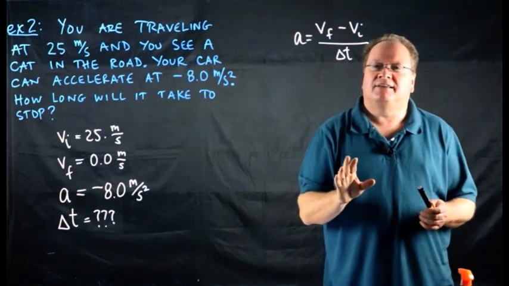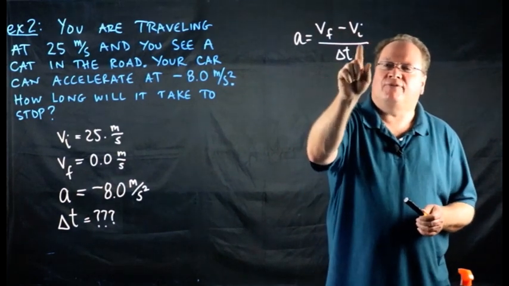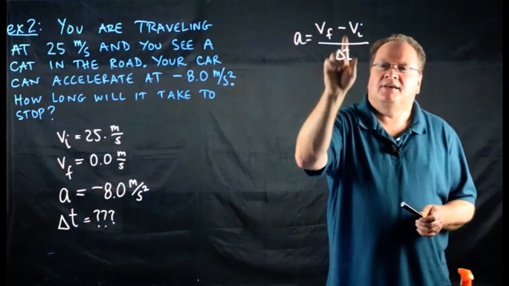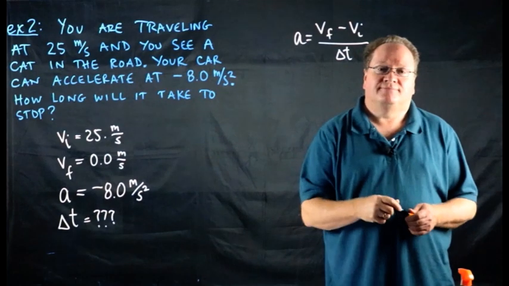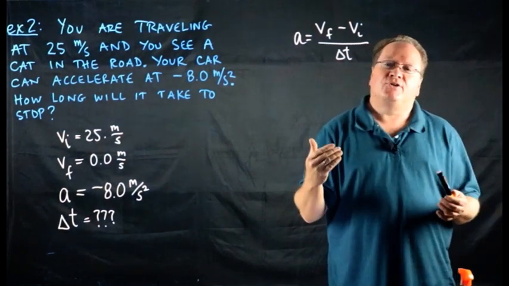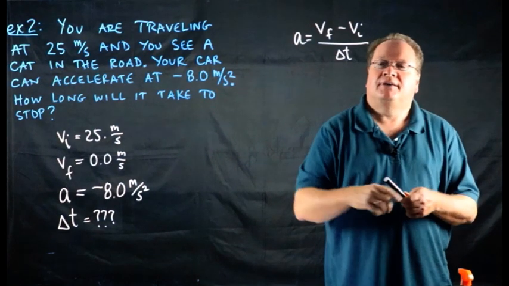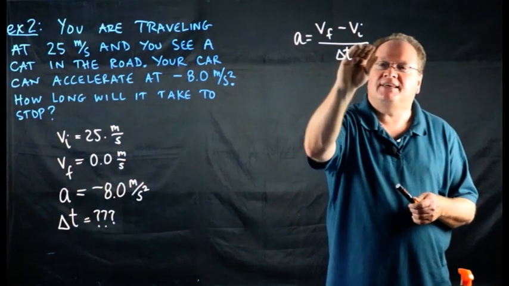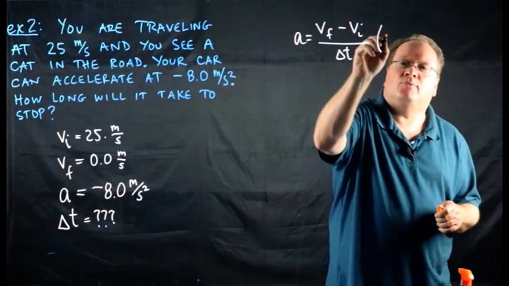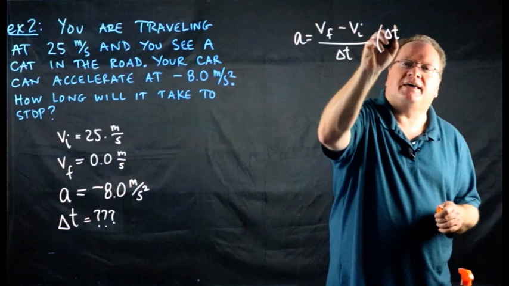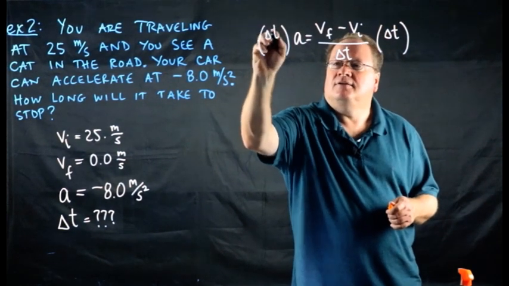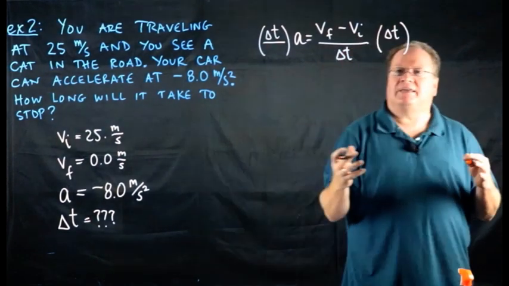If you're struggling a little bit, the first thing I would want to do to isolate delta t is get rid of the fraction. When I have fractions, I make mistakes. So the first thing that I would probably do here is get this delta t out of the bottom of this fraction, and I would do that by multiplying both sides by delta t. So we're going to do a little bit of Algebra 1 here, okay?